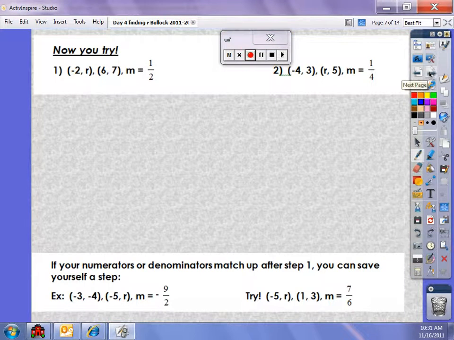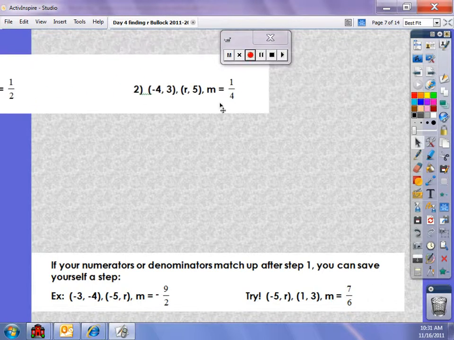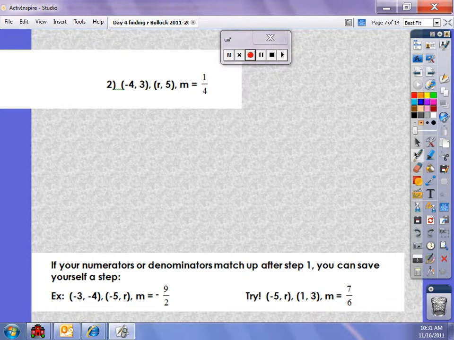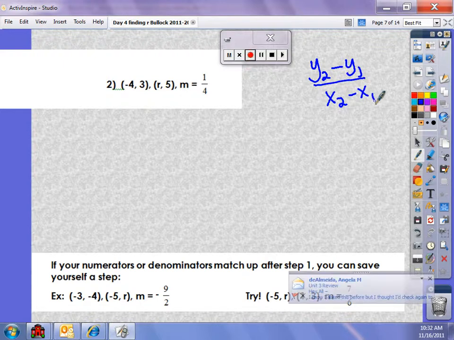Another method is more of an algebraic approach. Let's take a look at this example right here. Okay, and what we're going to do is use our slope formula to help us solve. We talked about this in class. So we're going to take the y values and subtract, over the x values subtracted.